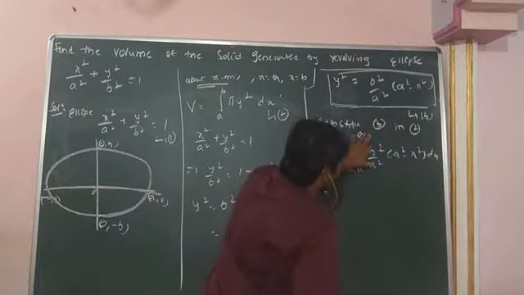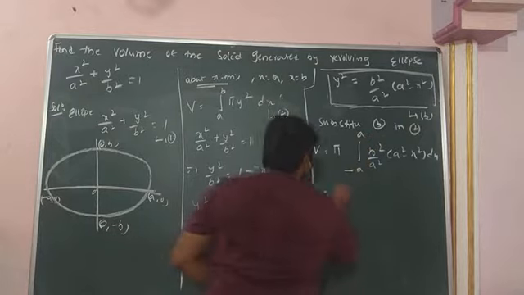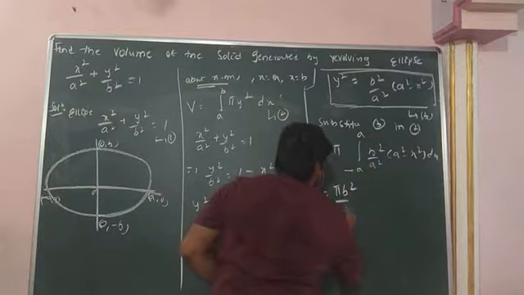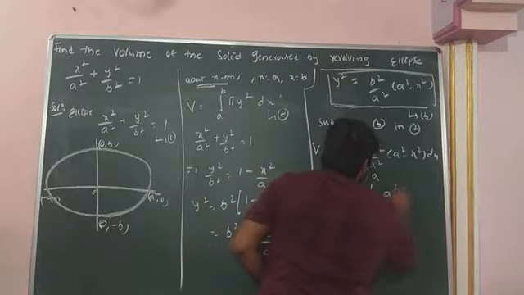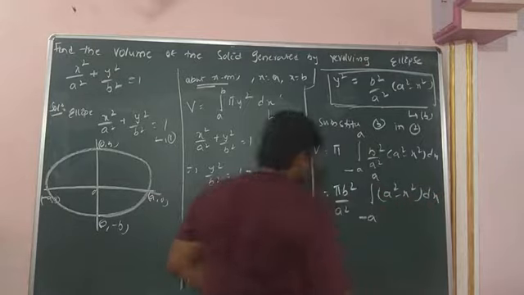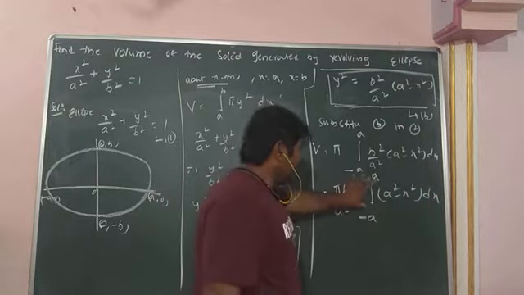So this value pi into b square by a square is a constant. We get the integral from minus a to a of a square minus x square into dx. Okay, we do that integration.